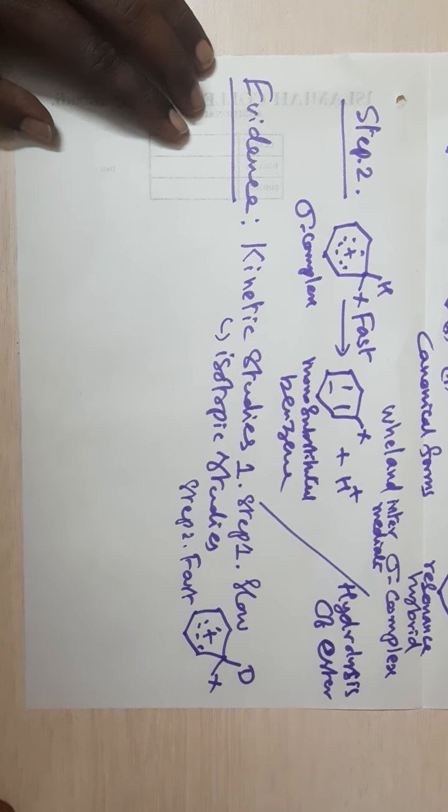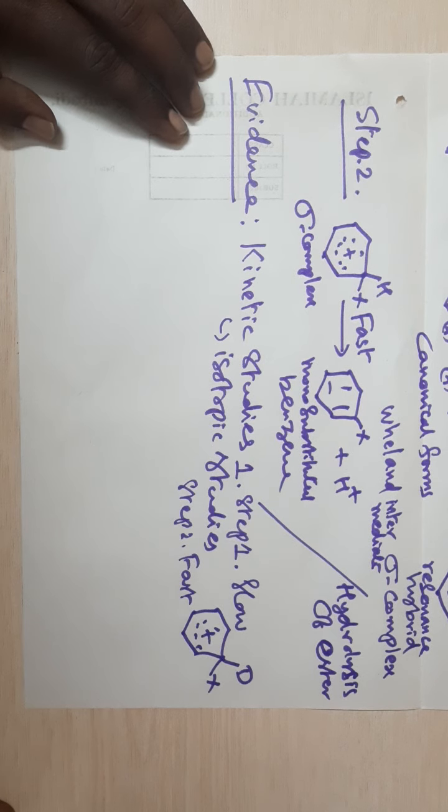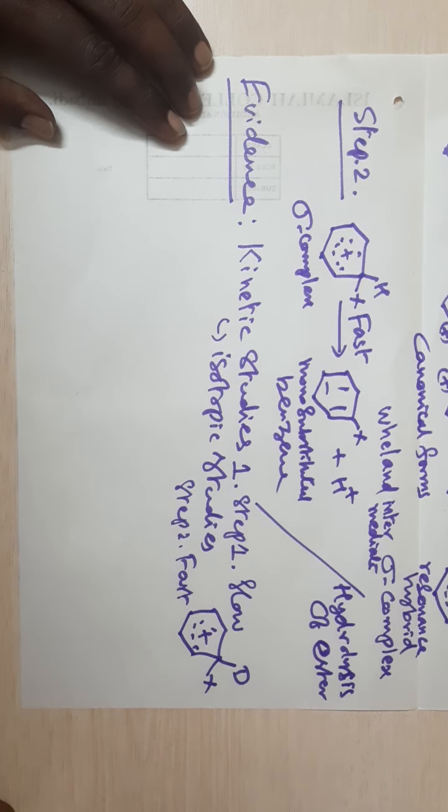The kinetic studies for the deuteriated compound will be very slow for the first step, and the second step will be the fast, quick step. So whether hydrogen or deuterium is the leaving group, the rate of the reaction is slow for the first step and the second step is a fast step. This is evidence for the mechanism of the reaction.